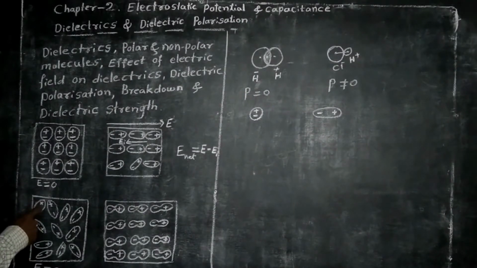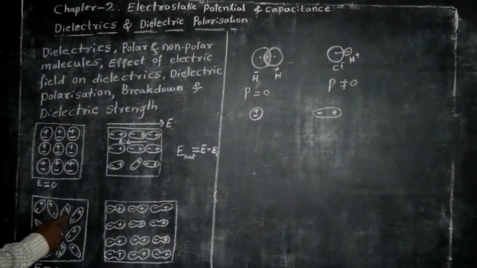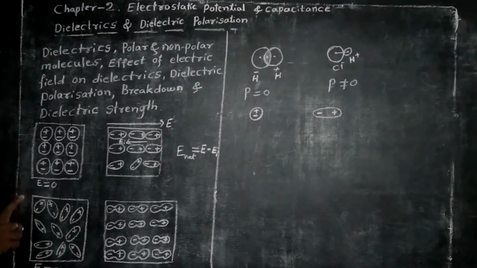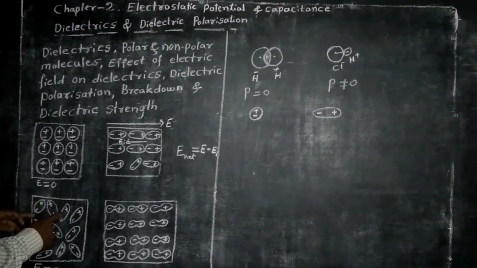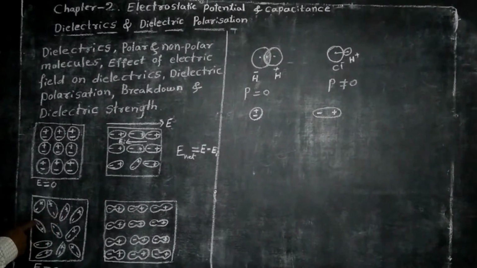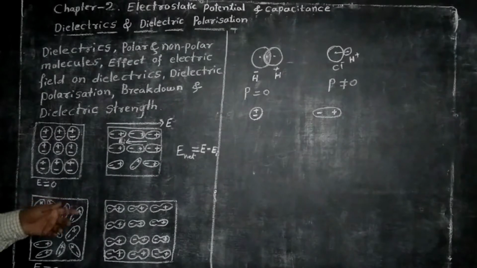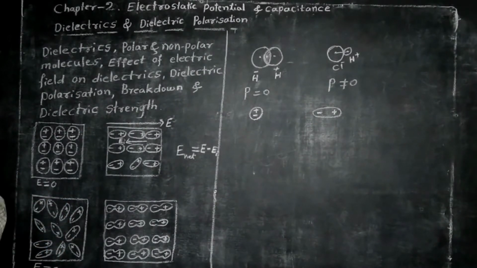That means the sum of all dipole moments is equal to 0. If this direction is taken as positive, then it is negative, positive, negative. Therefore the sum of all the dipole moments is equal to 0, but the dipole moment of each molecule is not equal to 0.